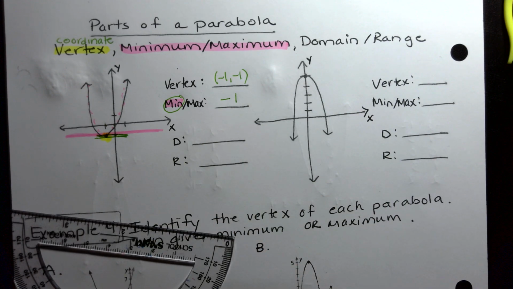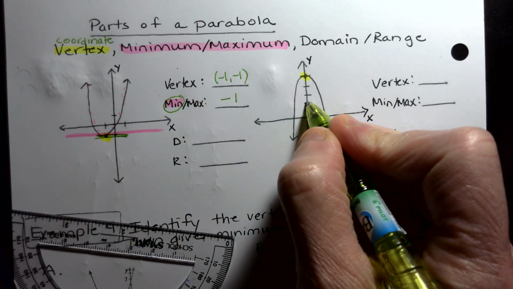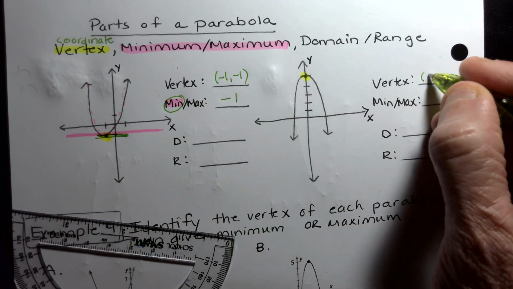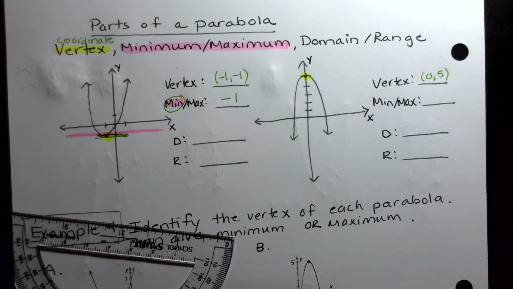Do you see where the vertex is? Do you see that coordinate? It's right there. Can you tell me what it is? Well, you don't go anywhere here, and 1, 2, 3, 4, 5 up. So it's the point 0, 5. Vertex is always a coordinate. Now, is that point the minimum of the graph or the maximum?